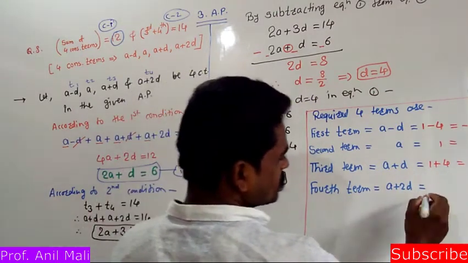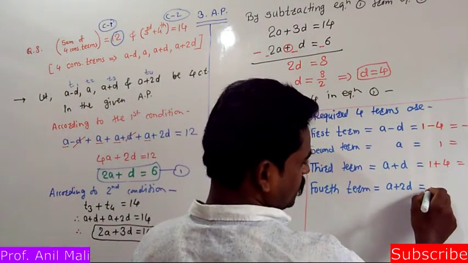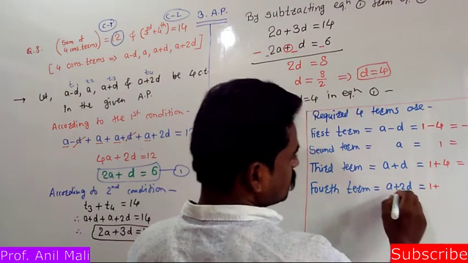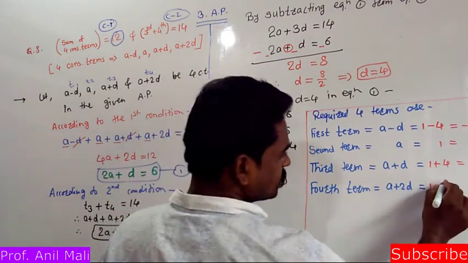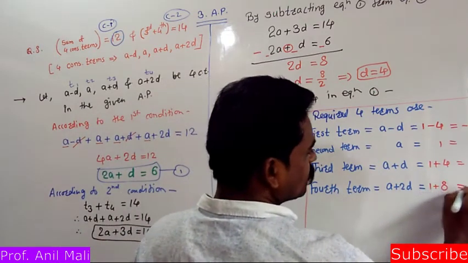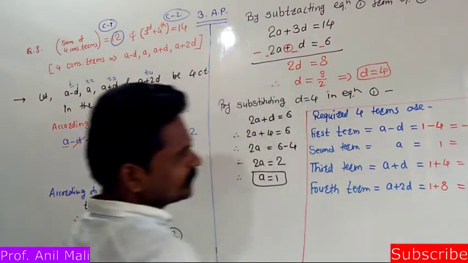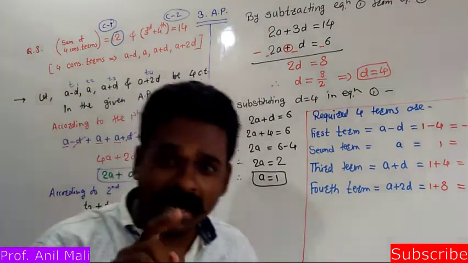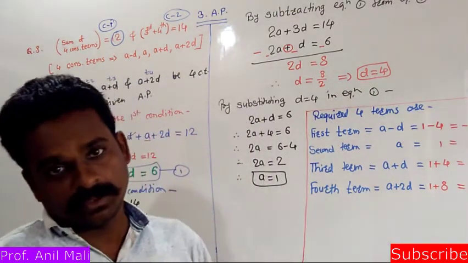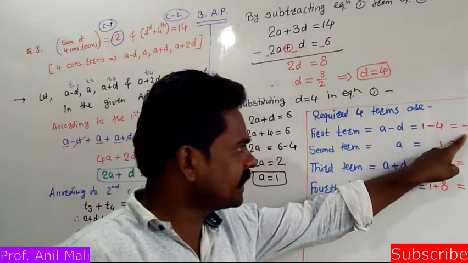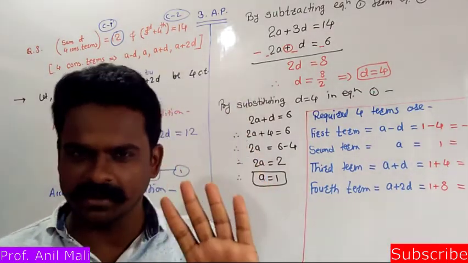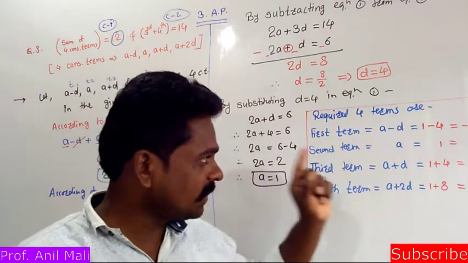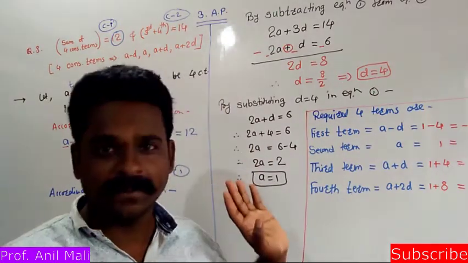Fourth term, A plus 2D, that means 1 plus 2 into D, D is 4, 2 fours are 8, so 8 plus 1, it's 9. Therefore, the required 4 terms are minus 3, 1, 5 and 9. These are the required 4 terms.